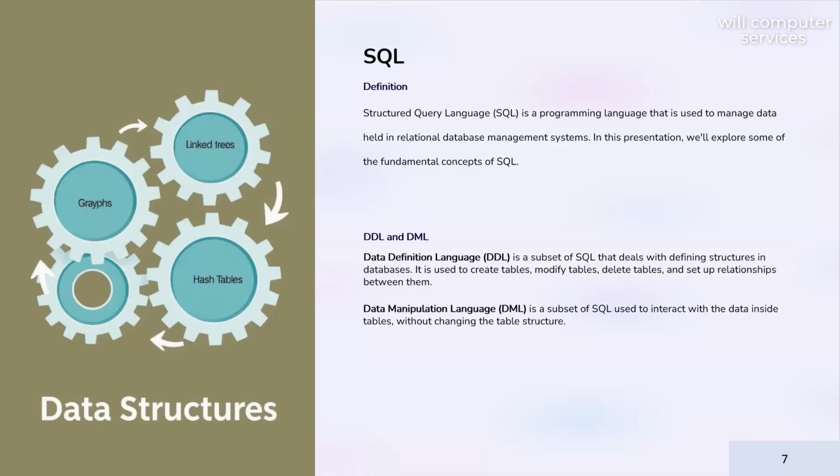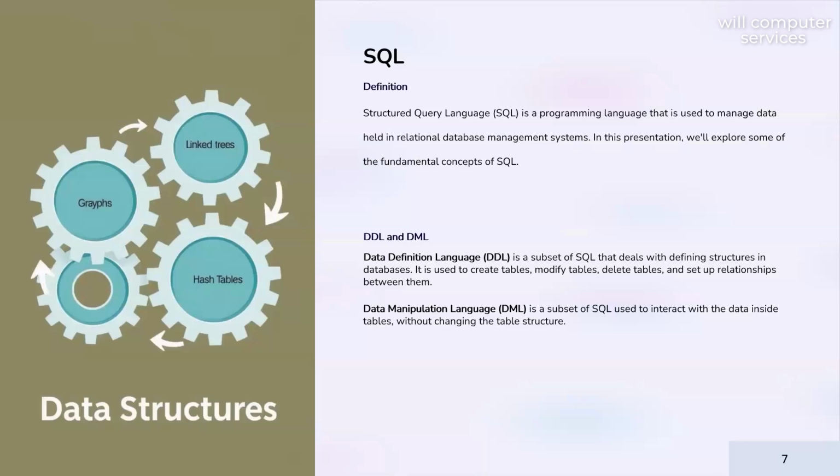So let's put it this way. Data definition language is what helps you build the whole building, which is the database, the building and the apartments. And data manipulation language is what helps you, for example, know who lives in the building or who lives in which apartment.